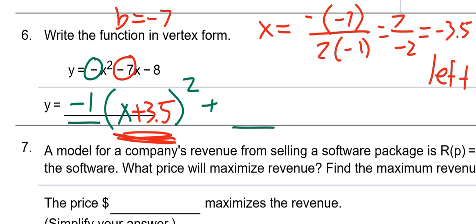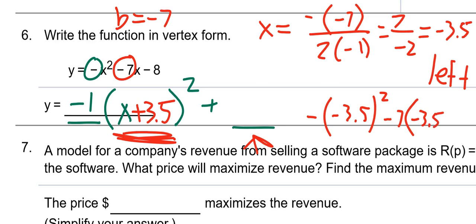All right, now how do I find this value on the outside? It is not 8. It is not -8. You plug it back in. That's right. The opposite of -3.5. Quantity squared minus 7 times -3.5 minus 8. Yes, you'll need a calculator.